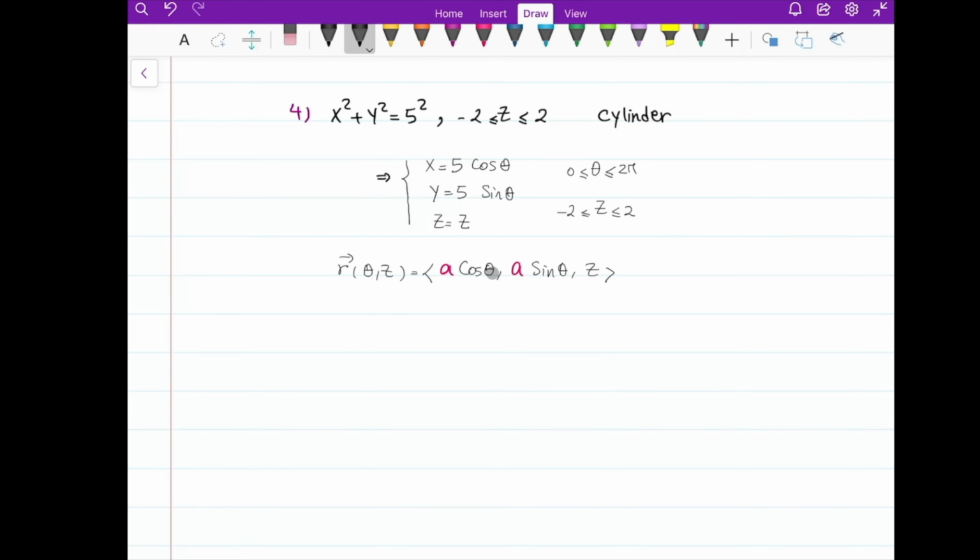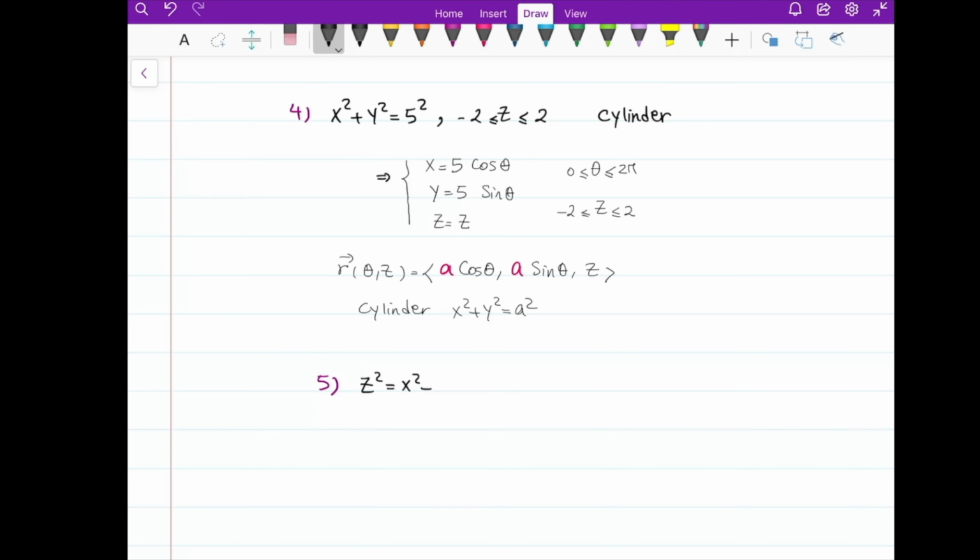So the parameters would be theta and z, and the a here is just the radius of the cylinder in general. X squared plus y squared equals a squared. This is constant. This is not a parameter. The parameters would be the angle and the axis, the z-axis.